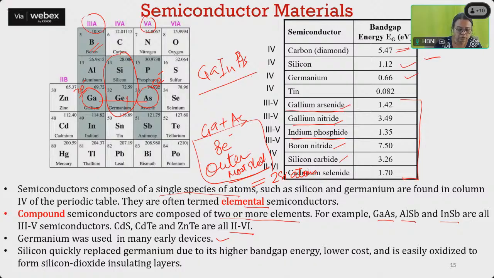But later on, silicon replaced germanium, mainly because of its higher band gap energy and low cost, because silicon is present in nature as silicon oxide, which is nothing but sand, and it can be extracted easily, whereas germanium is very scarce. Silicon can also be very easily oxidized to form a silicon dioxide insulating layer, and for making ICs and all, it is very easy to do. So that's why silicon started replacing germanium.